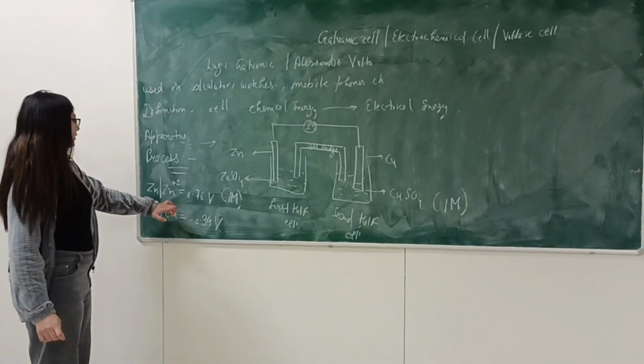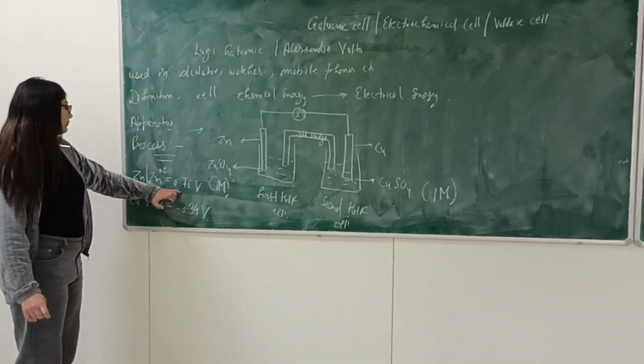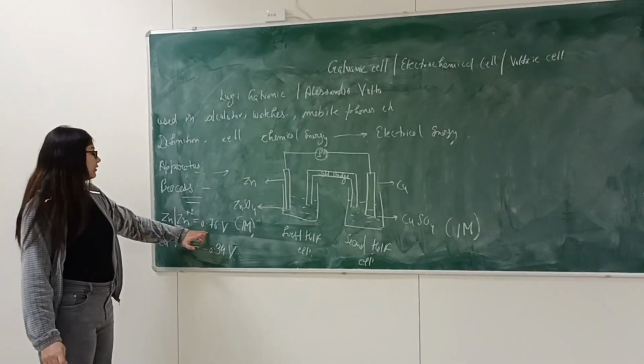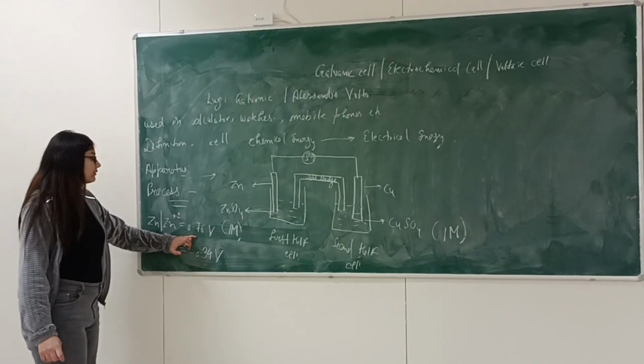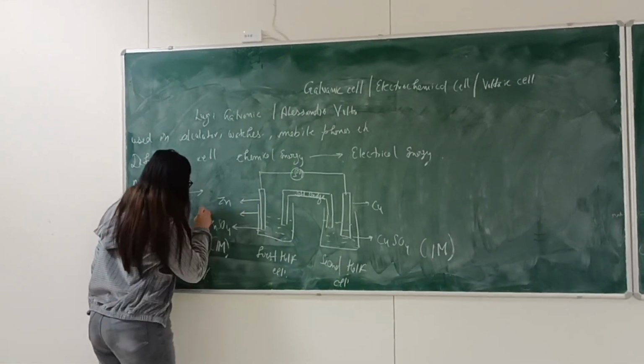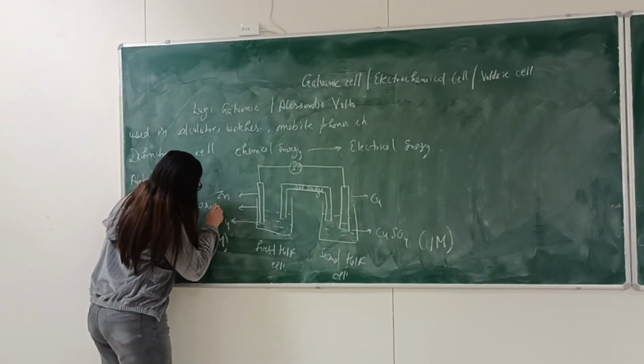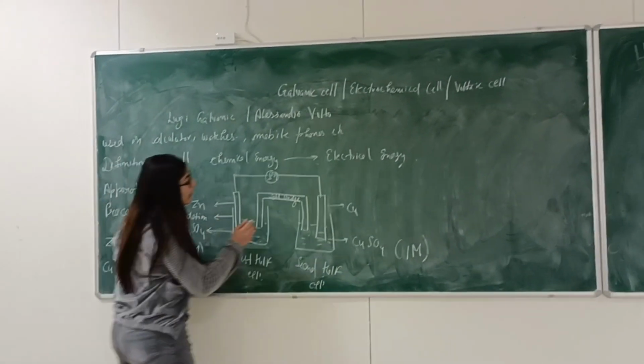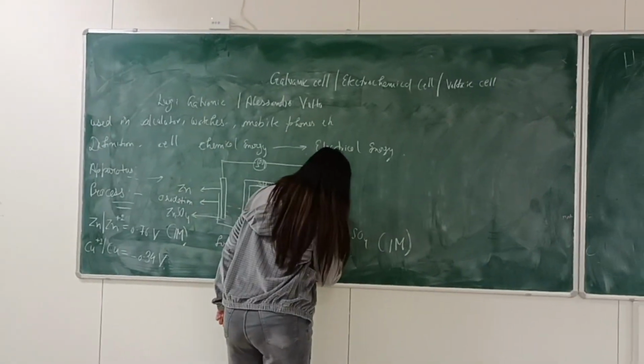As the oxidation potential of zinc is higher, that is 0.76 volt, oxidation will take place here and reduction will take place here.